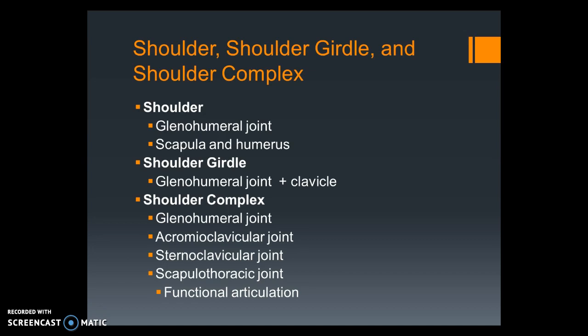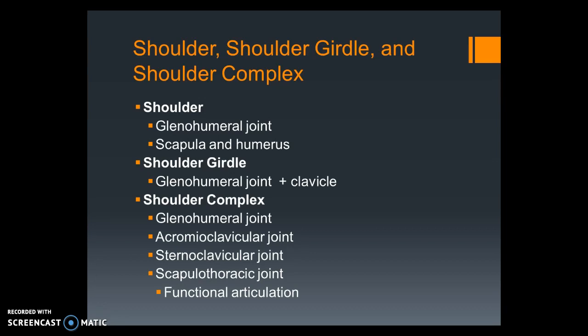Then the shoulder complex brings in just a little bit more. You've got your glenohumeral joint, your acromioclavicular joint, your sternoclavicular joint, and your scapulothoracic joint, which is considered a functional articulation because of the scapular rotation on the thoracic cage.